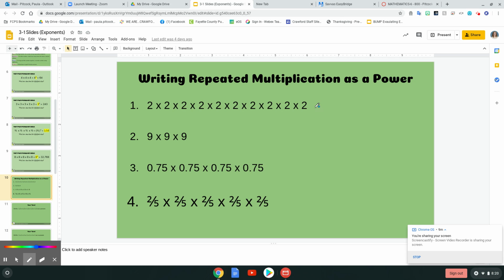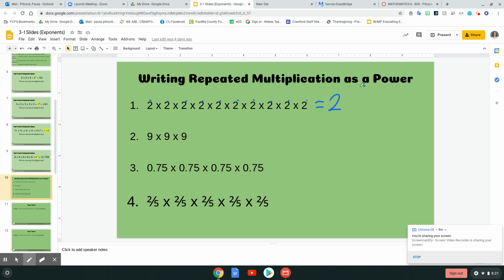All right, so let's talk about writing repeated multiplication as a power. It's super easy. The first thing you're going to do is write an equal sign because we're going to write equivalent expressions. The number that keeps showing up is your base, so this is a 2. The exponent is how many times the 2 shows up. So I see it 1, 2, 3, 4, 5, 6, 7, 8, 9, 10.